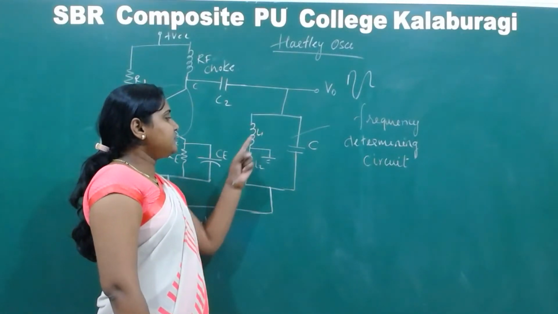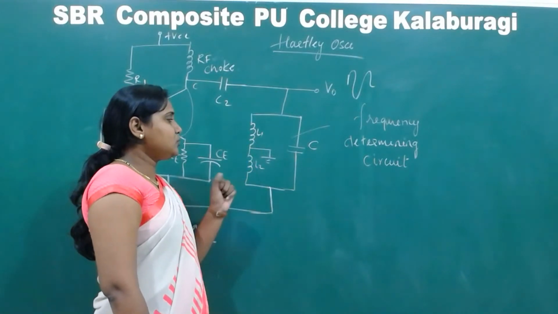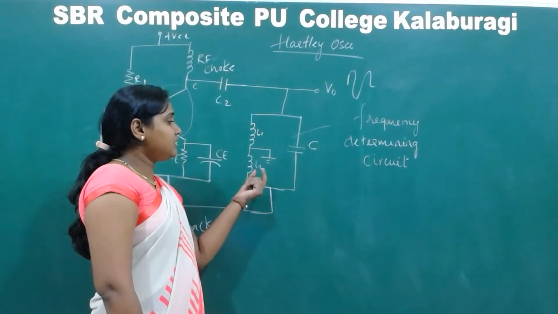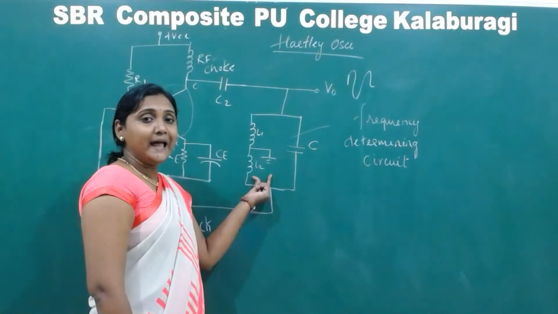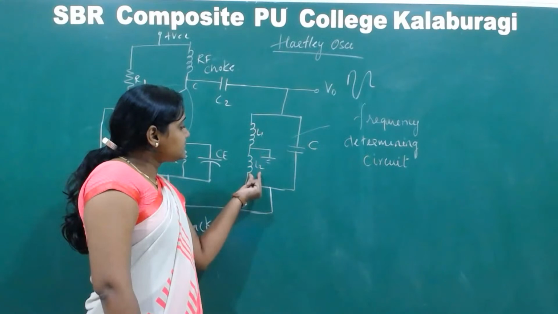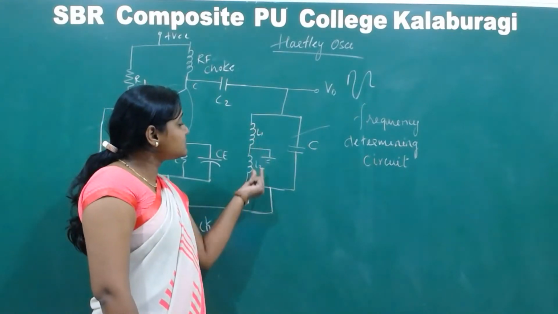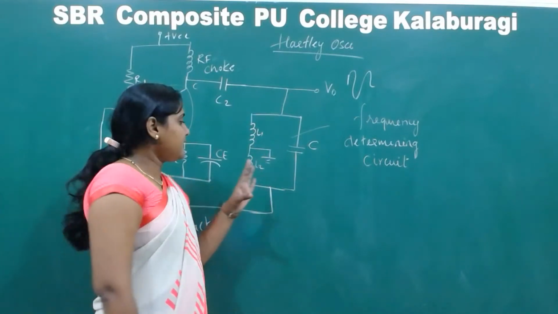Now, as this ground is present between the two inductors L1 and L2, there is something you have to know about this. The two inductors are charged with opposite polarity. Otherwise, the voltage across the two inductors will be out of phase by 180 degrees.